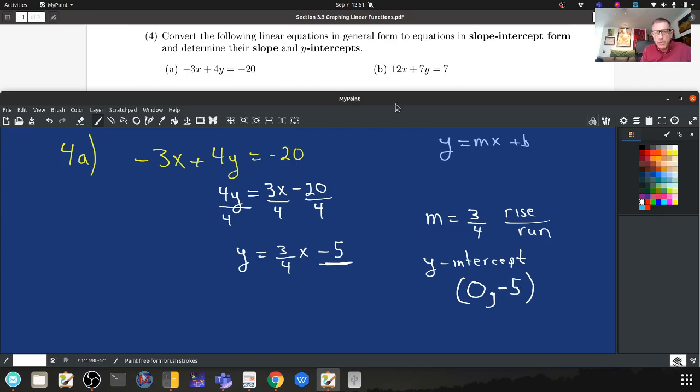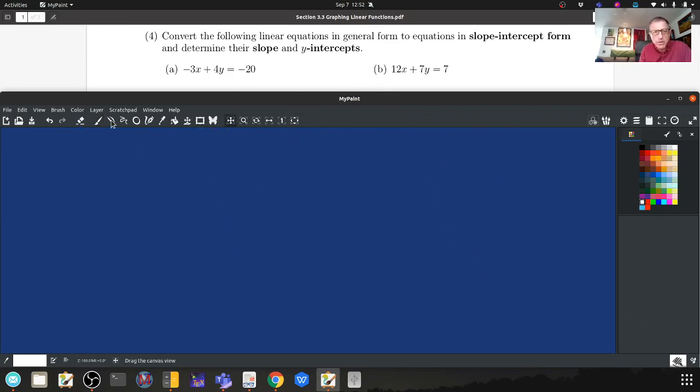Okay, and for the second one, b, 12x plus 7y is equal to 7. So I'll write down the answer, you all can work it out, and it will give you some confidence. 12x plus 7y is equal to 7. M, or the slope, is going to be equal to minus 12/7, and the b value is going to be equal to 1.